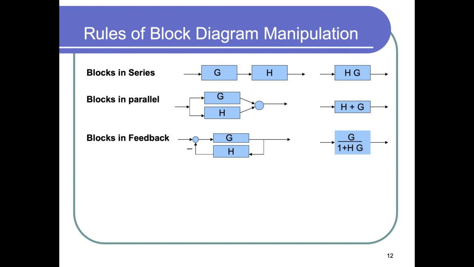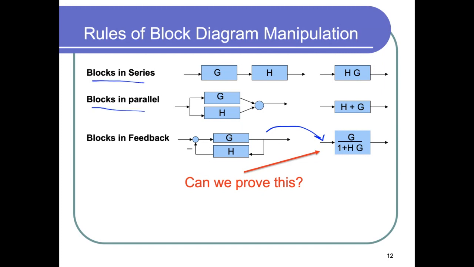If I have blocks in feedback, then the corresponding block representing this relationship is G over 1 plus HG. So I have a question here. Can you guys think of a way to prove this relationship? How do we go from here to here using just blocks in series and blocks in parallel on the summation node?